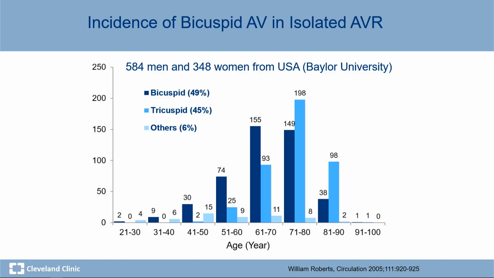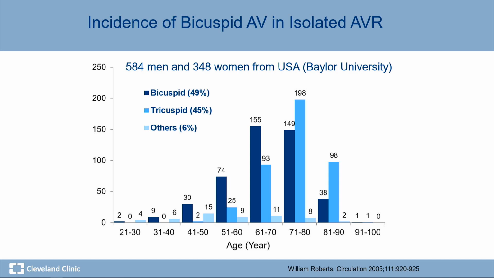However, in all the valve trials, in the intermediate risk, high risk, and even the low risk, we did include patients who had bicuspid aortic valve as a registry. This registry data is available, but there's no comparator. There was no surgery for those patients. There's just a bicuspid aortic valve.